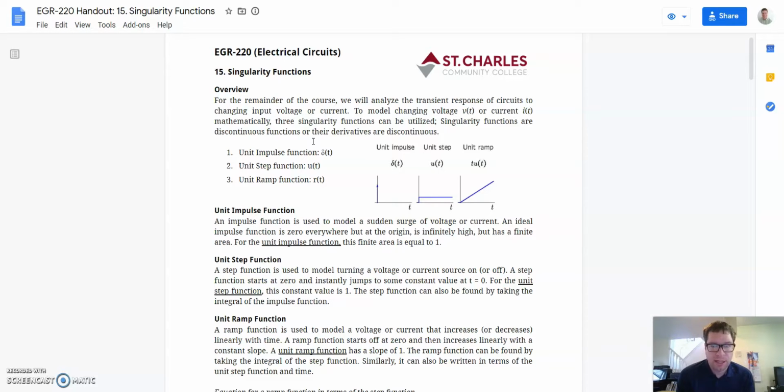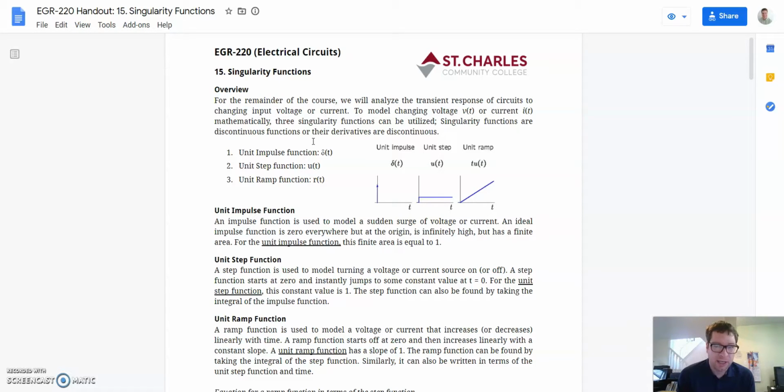In the last section, section 14, we looked at transient circuits, specifically circuits that discharge. They had some initial voltage or current and then discharged down to zero, and we wanted to model that discharge curve. How long does it take to discharge? In future sections, sections 16 and 17, we're going to look at circuits that charge, things that we turn on and off and on and off.